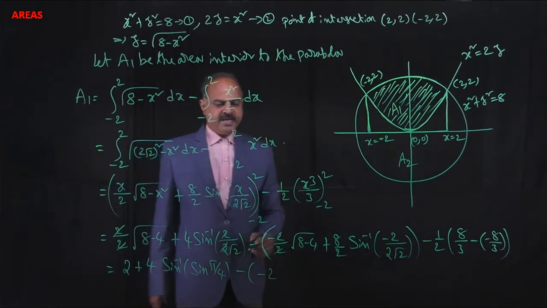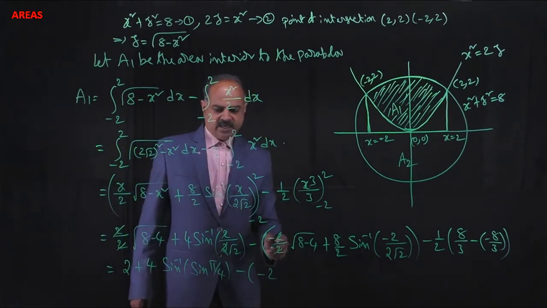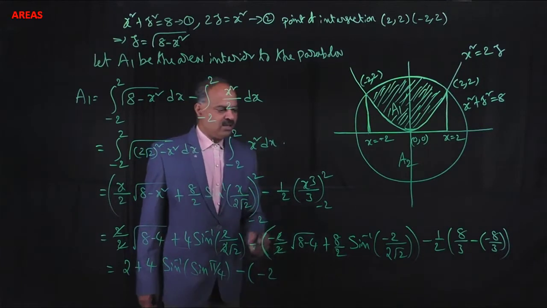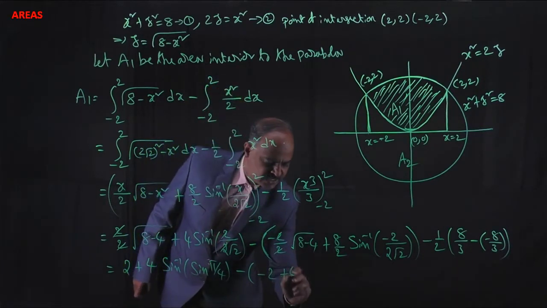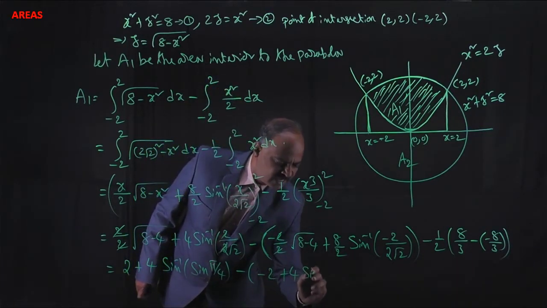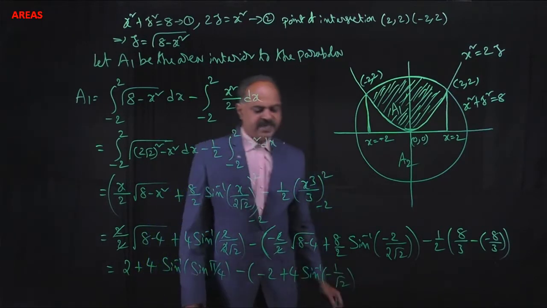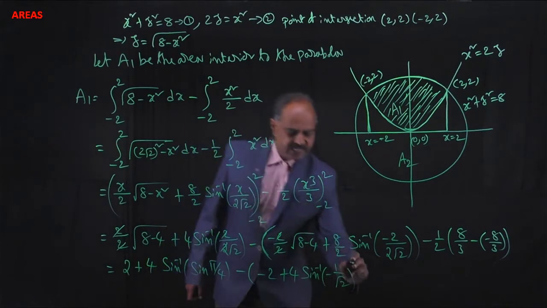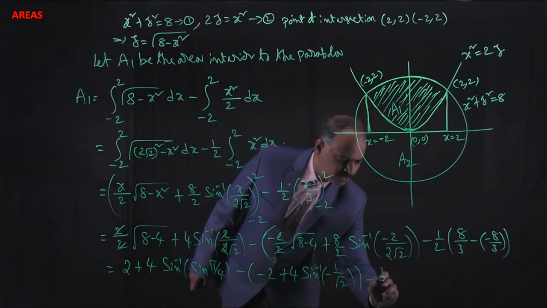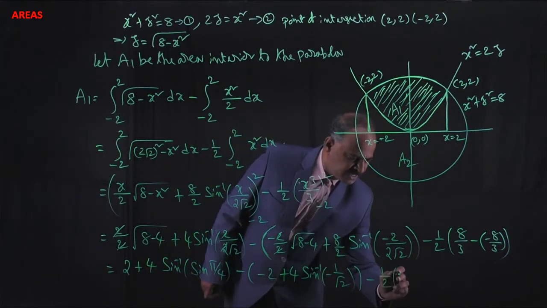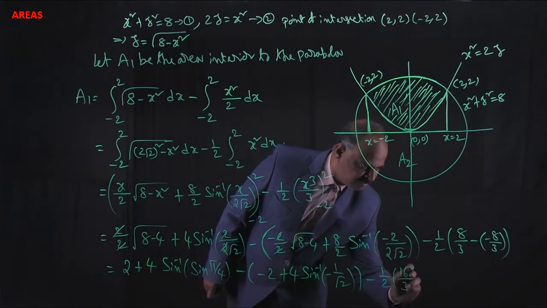Next minus of minus 2 here this is equals to plus 4 plus 8 by 2 that is equals to 4 into sine inverse of minus 1 by root 2. Next minus 1 by 2 into 8 by 3 plus 8 by 3 that is 16 by 3.